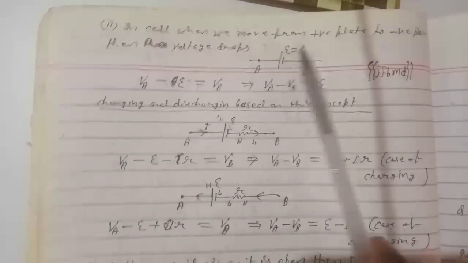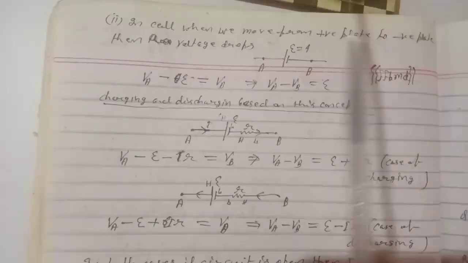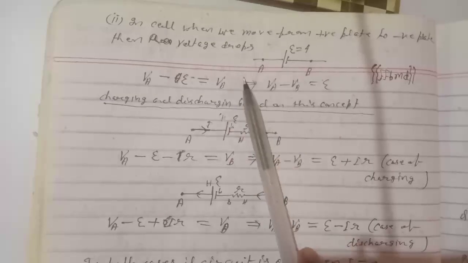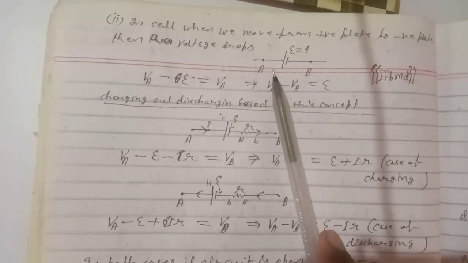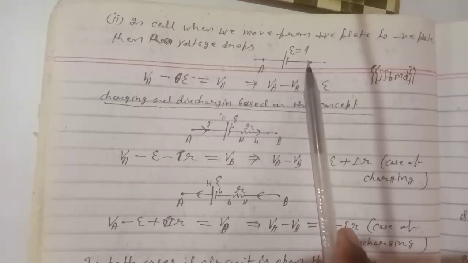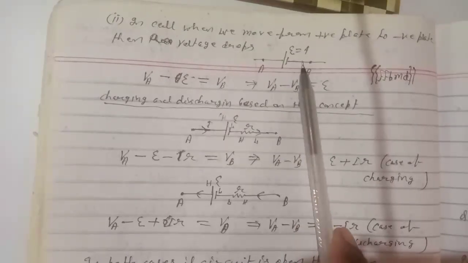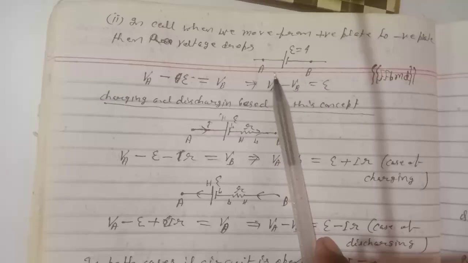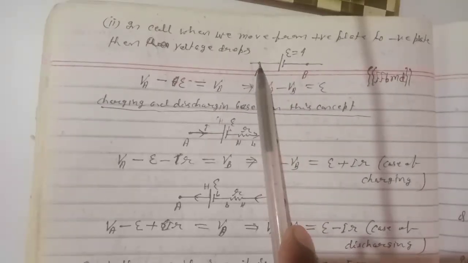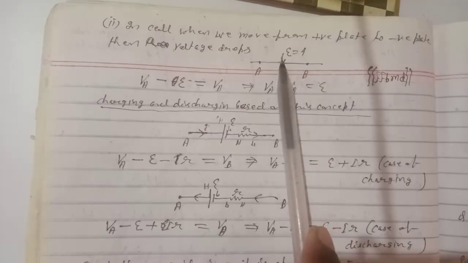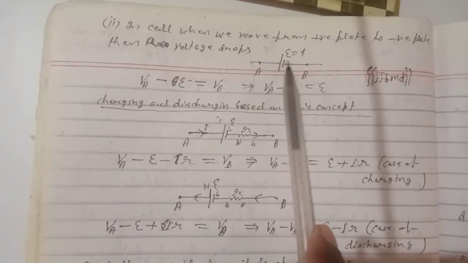Second case, in a cell, when we move from the positive plate to the negative plate, then the voltage is dropped. In the case of a cell, if we move from the positive terminal to the negative terminal, then the voltage will be dropped. For example, here VA is at a higher potential and this is at a lower potential.